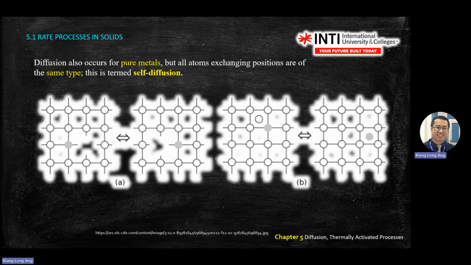Now, how does it link to your test 2 or final exam question? The question will either ask you to explain diffusion by diagram, so you need to draw, or after you solve the first part, calculate the space. Okay, let's say you have an FCC.